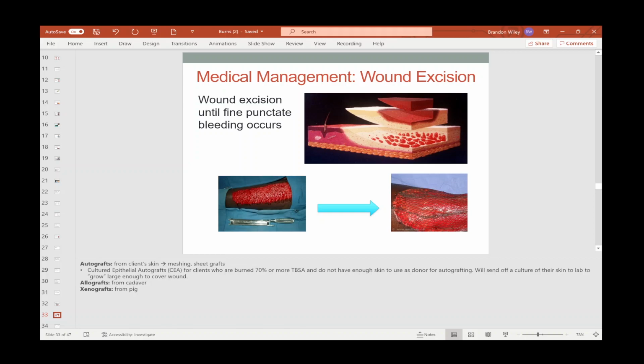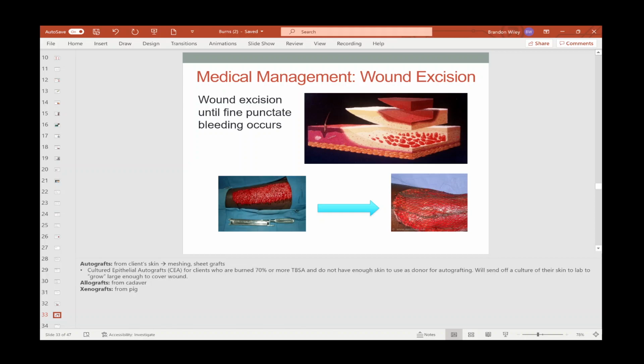So there's different kinds of grafting. Autograft, that's your own. That's my own skin, making my own skin for myself. Allograft, that is a cadaver. Who wants cadaver skin? So they got some. If you don't have enough space, they're going to use cadaver.